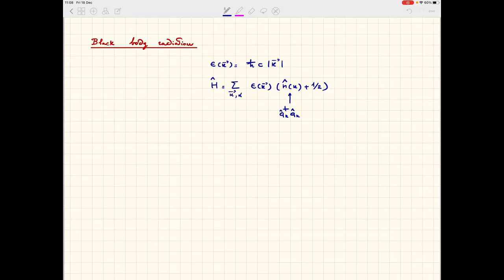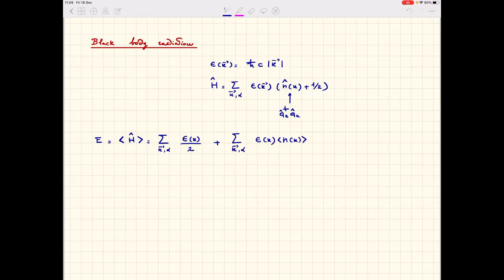Now, in practice, what this Hamiltonian is telling you is that if you want the average energy E of your photons, which is the average of H, this is going to be the sum over the zero-point energy, the sum over k and alpha of epsilon k over 2, plus the sum over k and alpha of epsilon k times the average n of k.